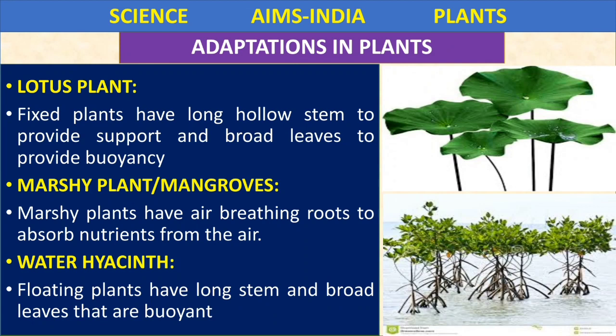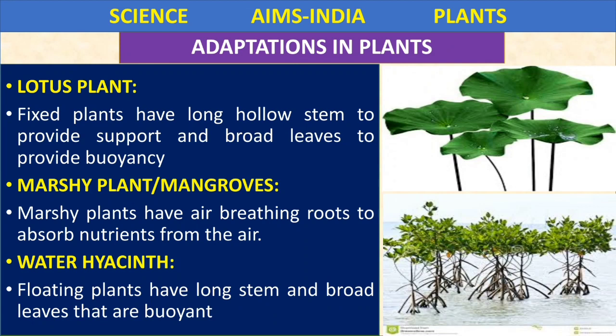For example, the lotus plant is a fixed plant, and it has a long hollow stem to provide support and broad leaves to provide buoyancy. Buoyancy is the force that makes it float on the surface of the water. Because of this long stem, the lotus plant is able to be fixed in the water.